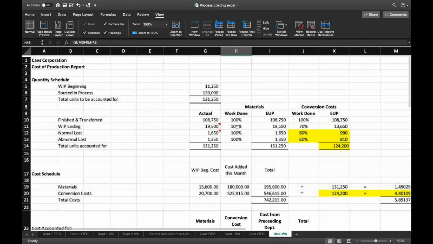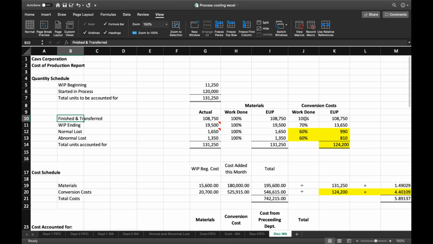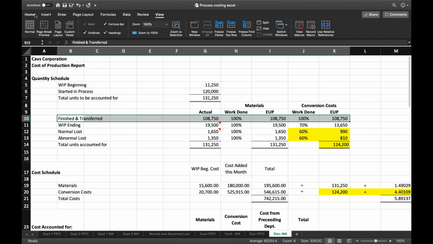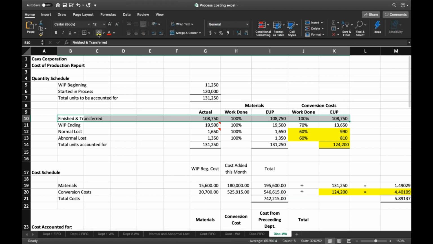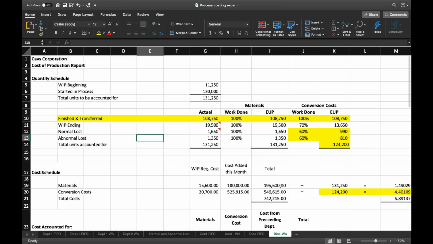Okay, one more, weighted average. Again, the only difference here is that the finished and transferred are all 100%. And the work done for the normal loss and abnormal loss, I guess I already explained this one. At the 60% inspection point, that will also be the work done.